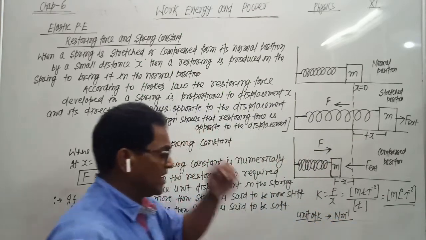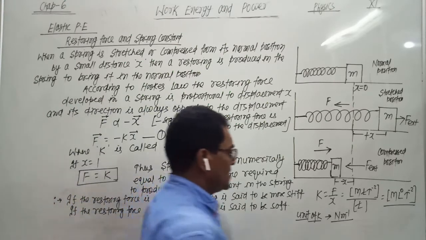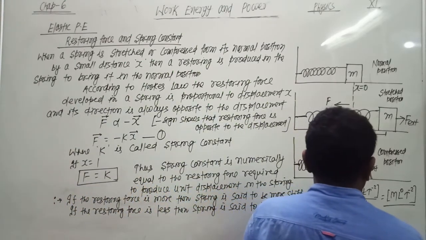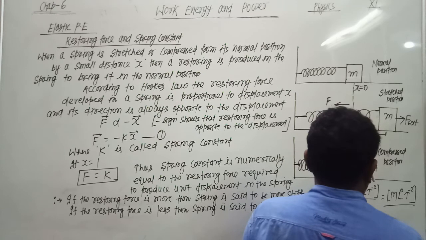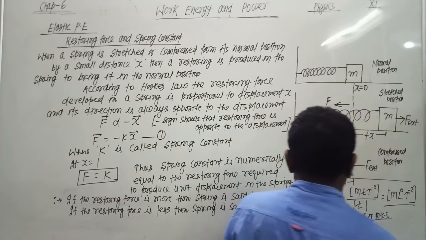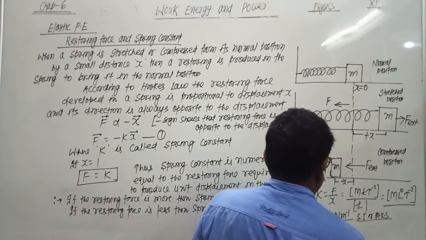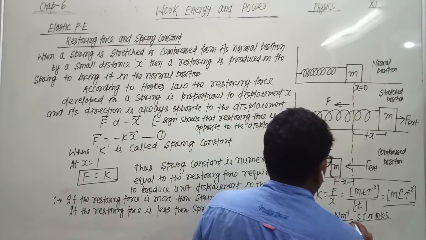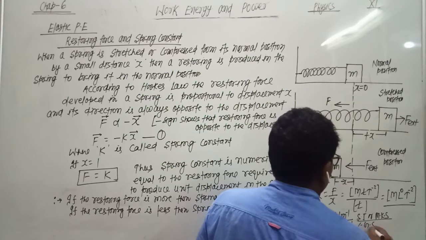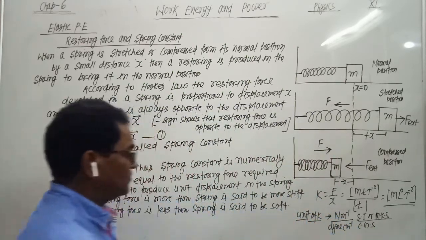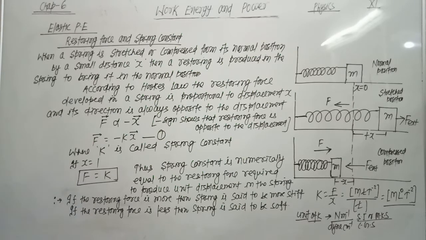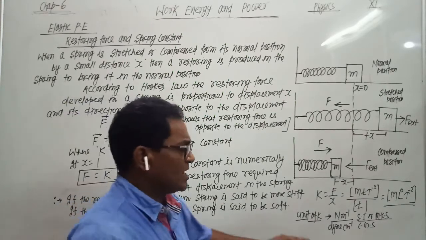So the unit of K is Newton per meter in the SI or MKS system. In the CGS system, its unit is dyne per centimeter.